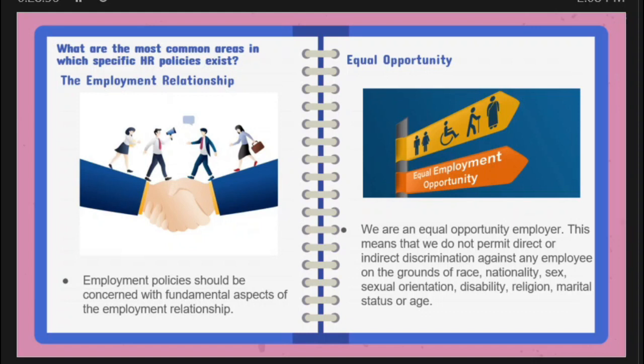The policy should also deal with the extent to which the organization wants to take affirmative action to redress an imbalance between the numbers employed according to sex or race, or to differences in the levels of qualification and skills achieved.